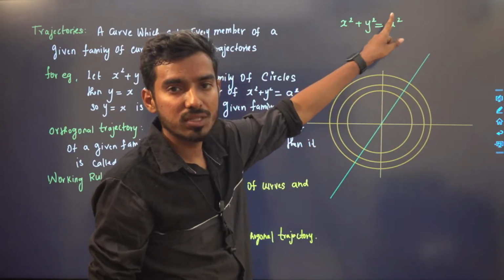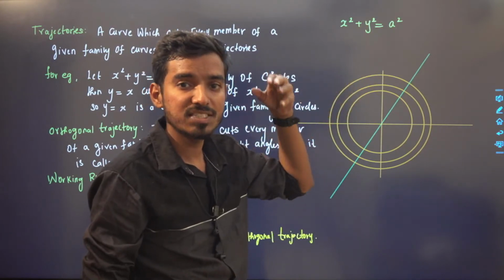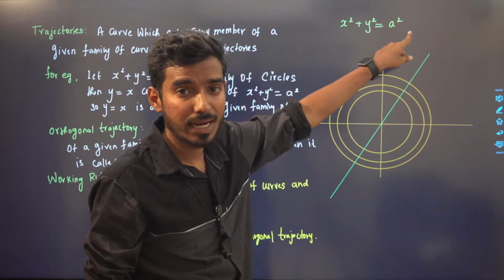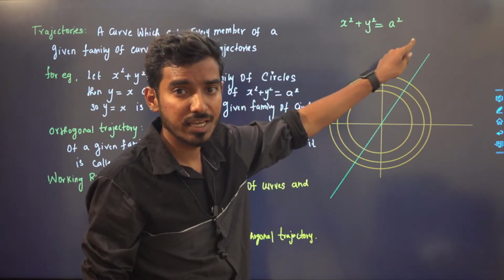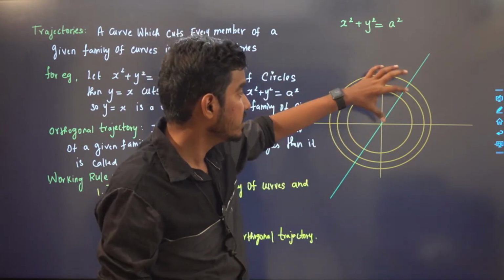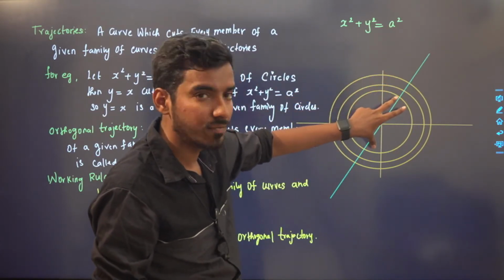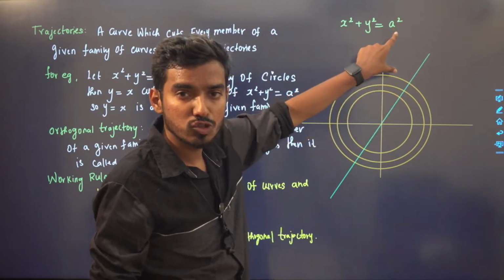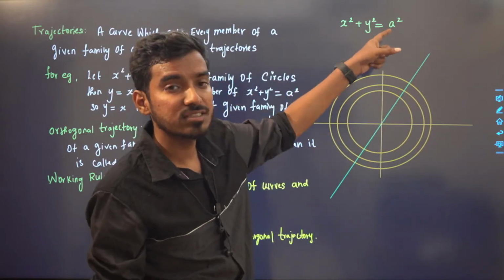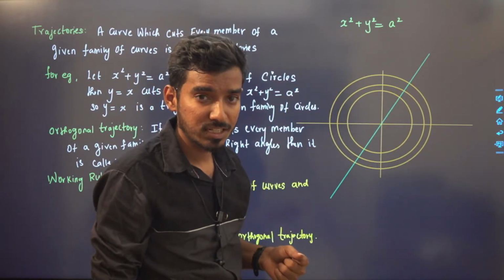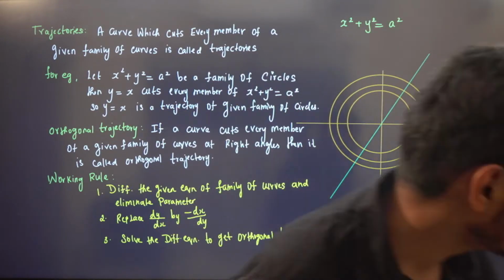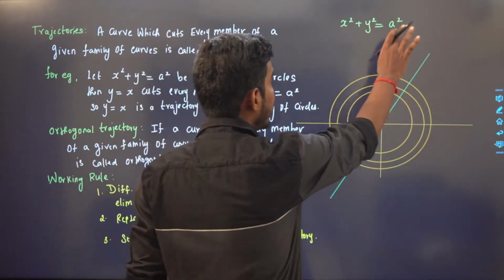If a is equal to 3, we will have a circle with the center (0, 0) and radius 3. So if I keep on changing a, this is a family of circles.